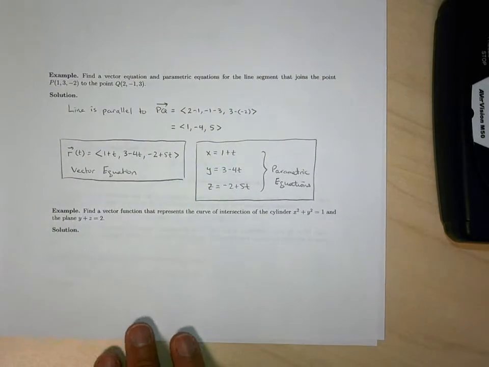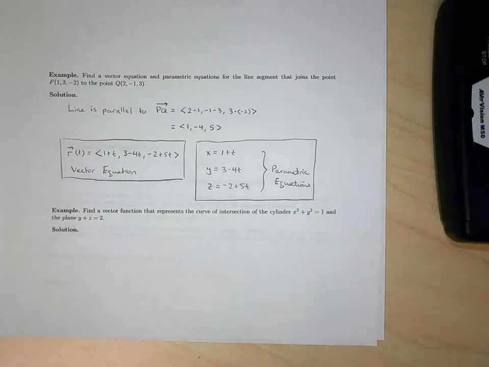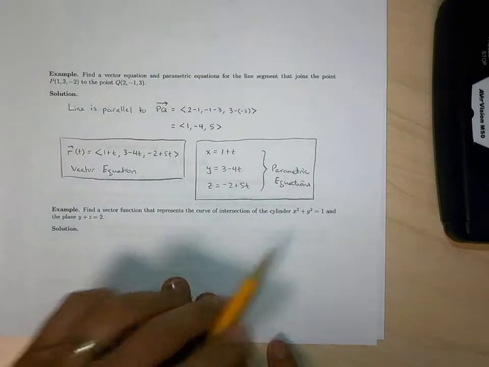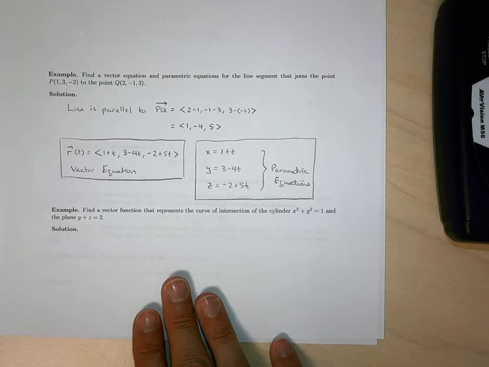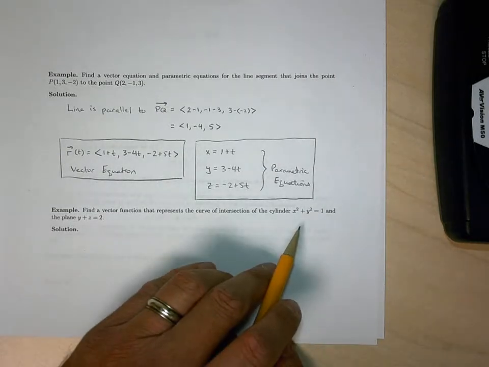For the last example, we're going to find a vector function that represents the curve of intersection of the cylinder x squared plus y squared equals 1 and the plane y plus z equals 2. So these equations are supposed to be true at the same time. Whenever we have an equation like x squared plus y squared equals 1, that one's familiar.